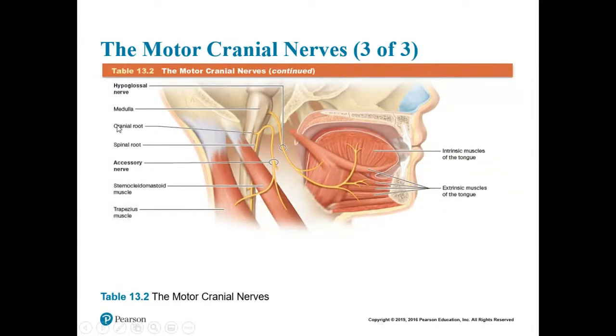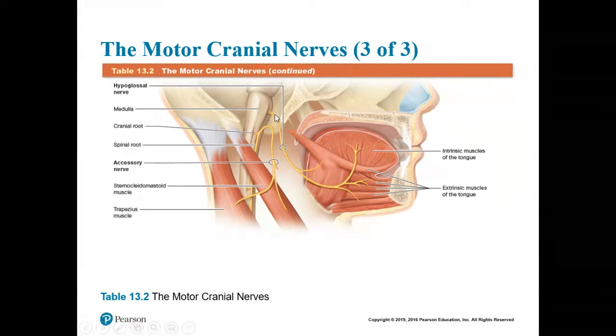All right, so here are the next two. We're still motor, right? So we're looking at the hypoglossal nerve and the accessory nerve. This hypoglossal nerve originates in the medulla as well, and this would be the medulla oblongata of the brainstem, obviously, right? So this is the bottom part of the medulla.